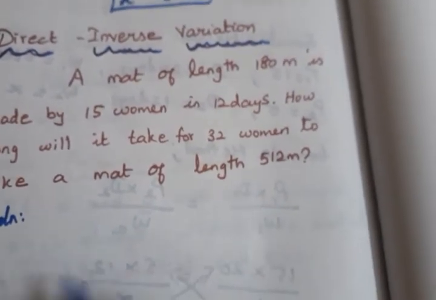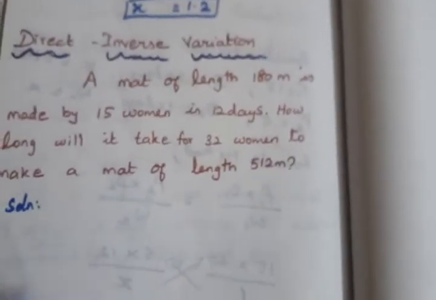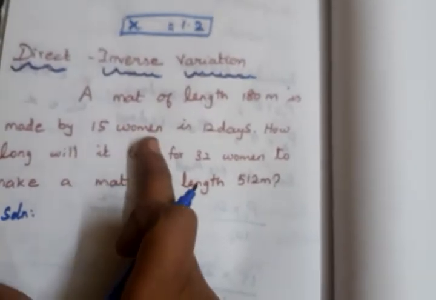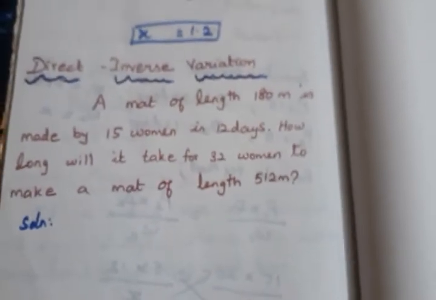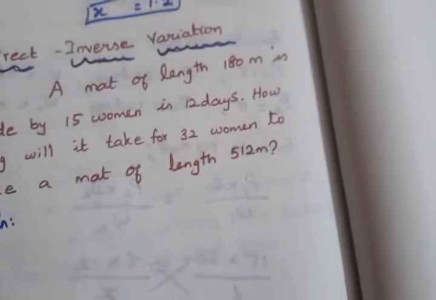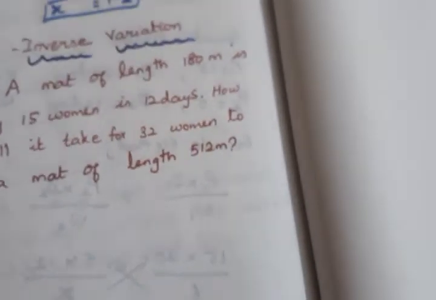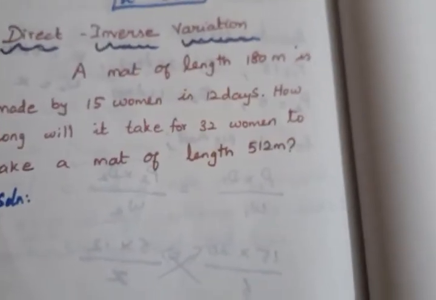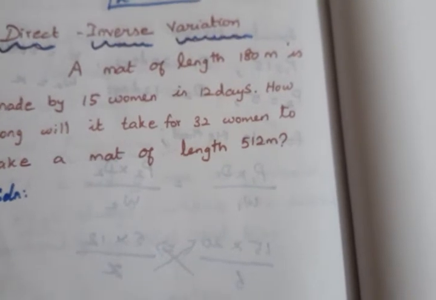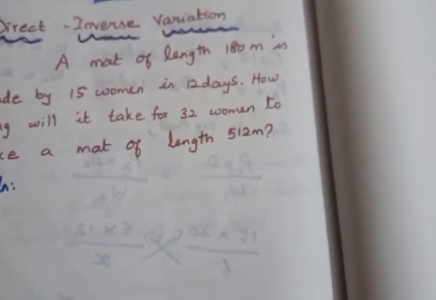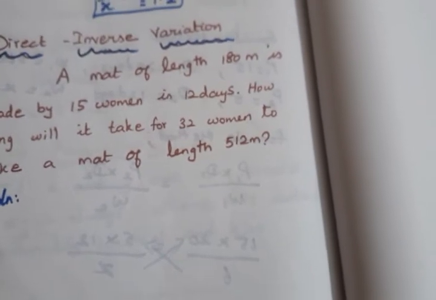A mat of length 180 meters is made by 15 men in 12 days.